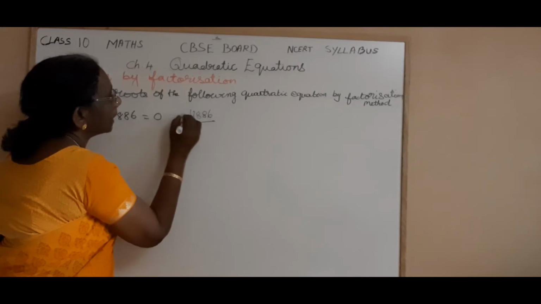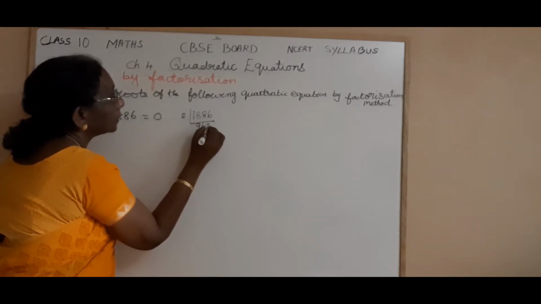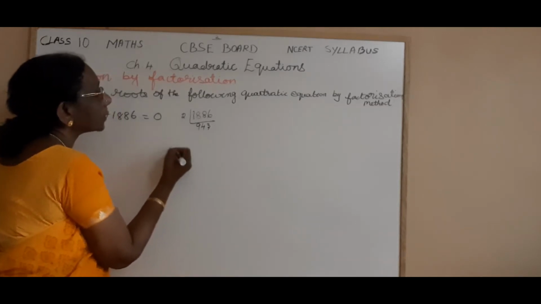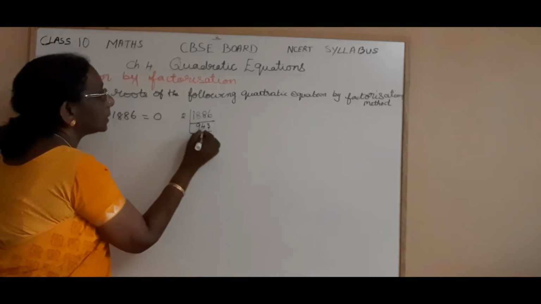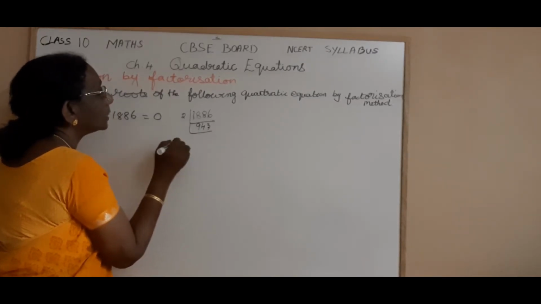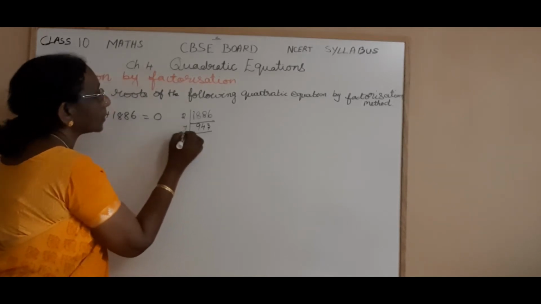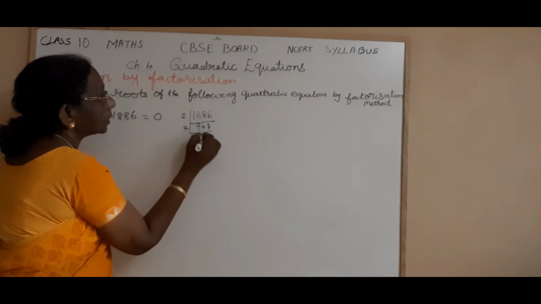Again it is divisible by 2. 9 2s are 18, 4 2s are 8, 3 2s are 6. And now 4 plus 3 is 7, 16. It is not divisible by 3. Let us check whether it is divisible by 7. 7 ones are 7, 24.